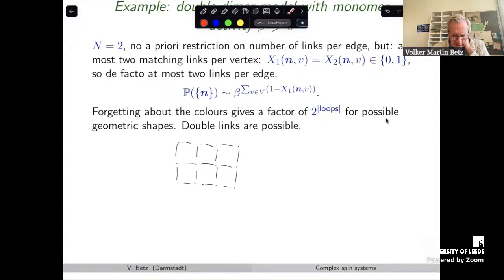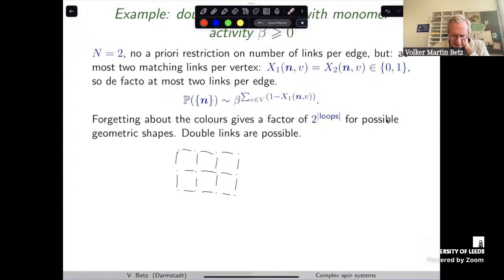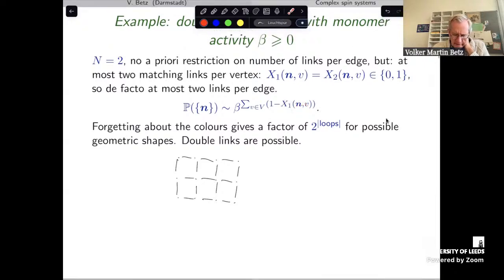And the rule is that either an edge has to be empty and then it gets factor beta, or it has to have one color. But the other thing is that at each vertex there has to be exactly one edge of each color or none at all.